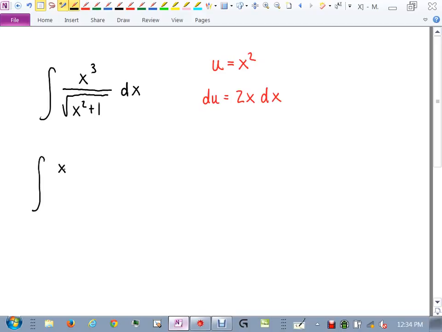Because the top can be rewritten as x squared over the square root of x squared plus 1, times x dx. Can't it? Because x cubed is actually x squared times x. So you could peel one x off because it's multiplication. x dx can be this, and then you'll have to bring the 2 out over here, right? You see that?